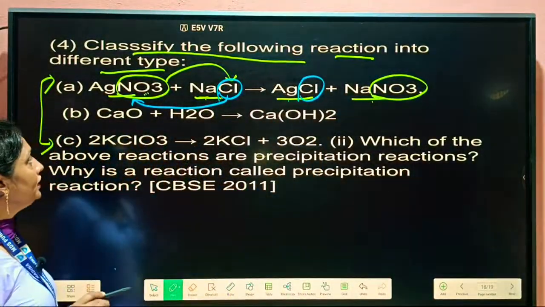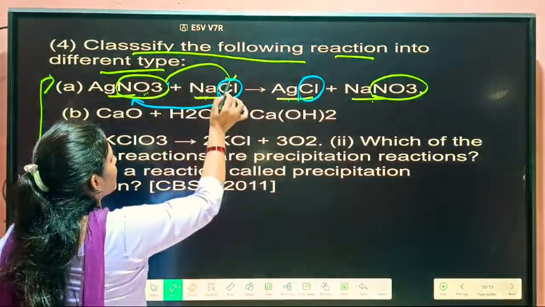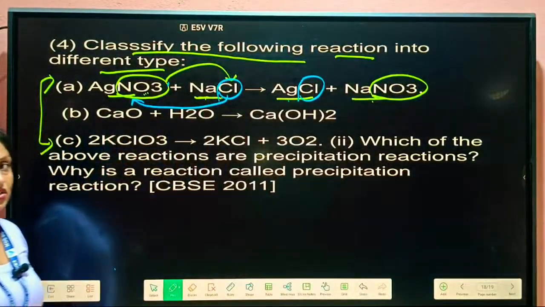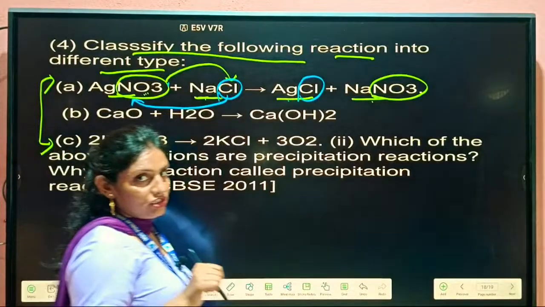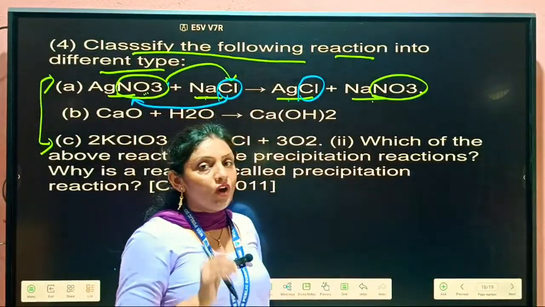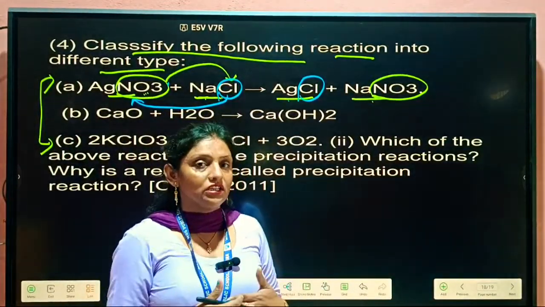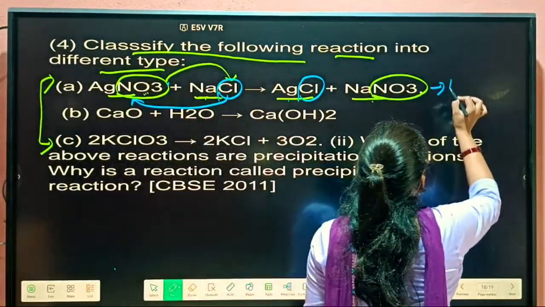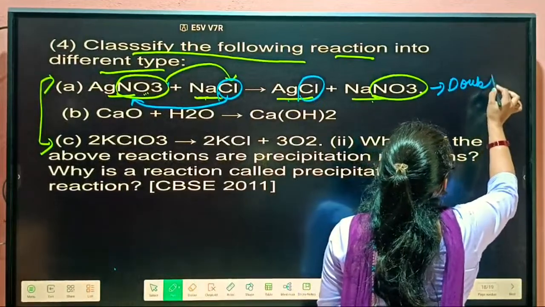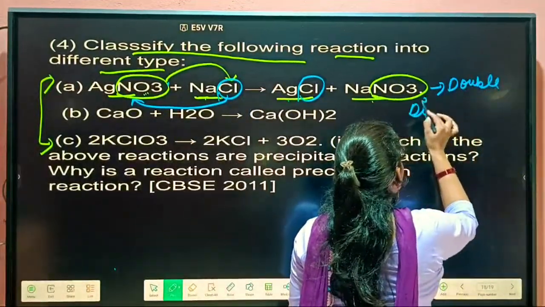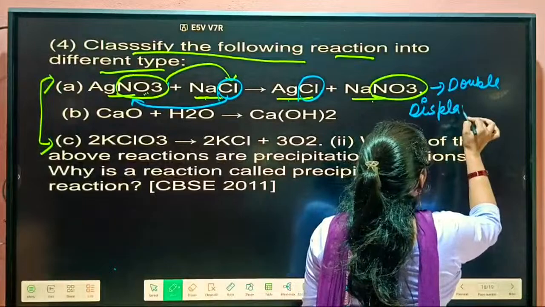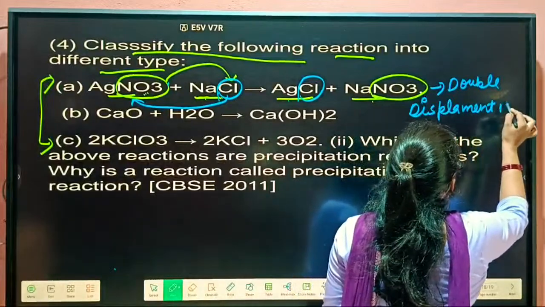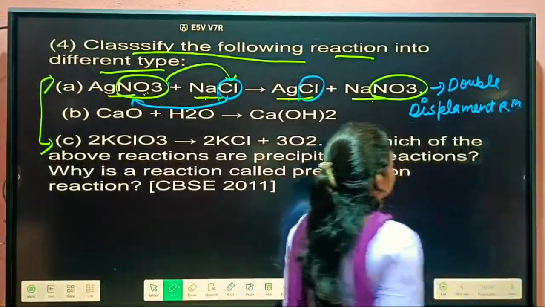So here you can see that two ions are exchanging with each other. And if two ions are exchanging each other, that type of reaction is known as the double displacement reaction.